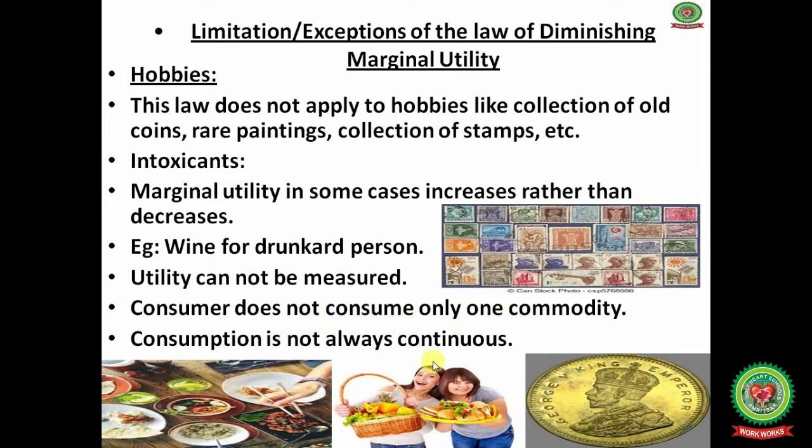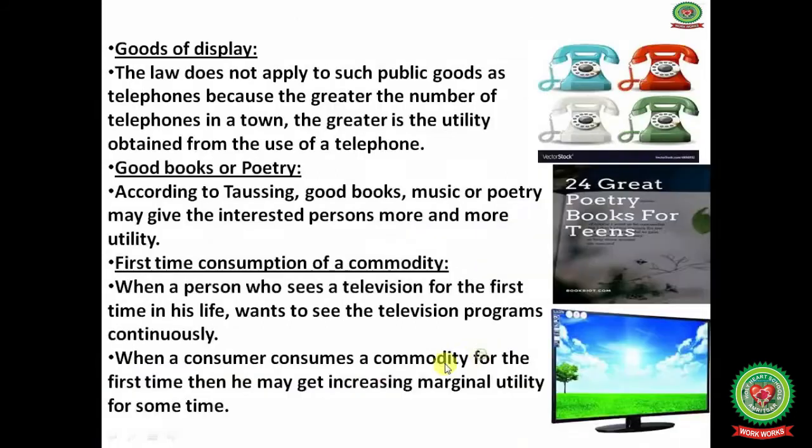Utility cannot be measured. Utility does not consume only one commodity. Consumption is not always continuous. Goods of display. The law does not apply to such public goods as telephones, because the greater the number of telephones in a town, the greater is the utility obtained from the use of a telephone.